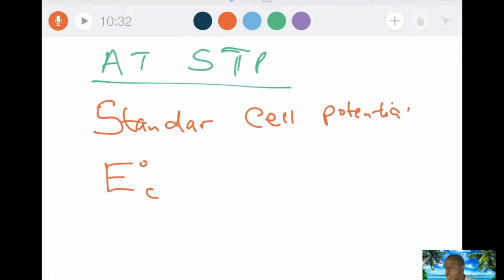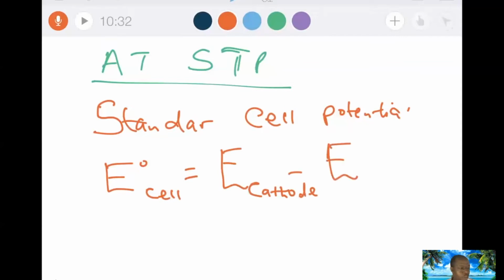You see this E°, it stands for standard cell potential. It is given by E° cathode minus E° anode.